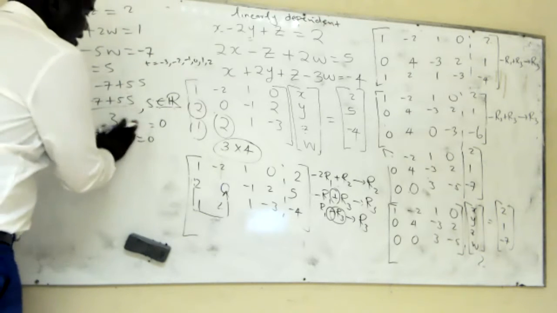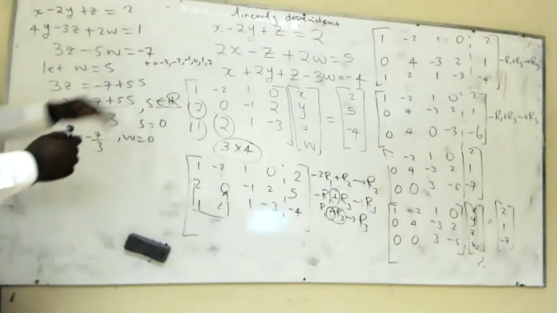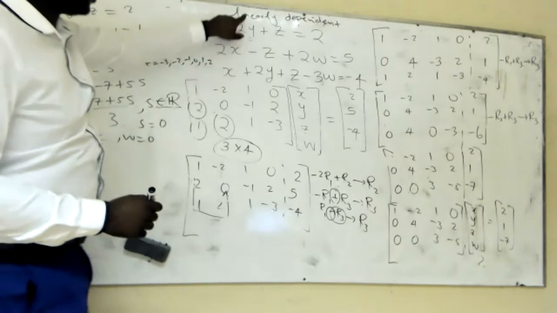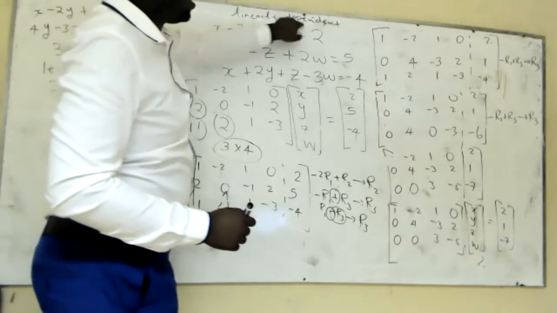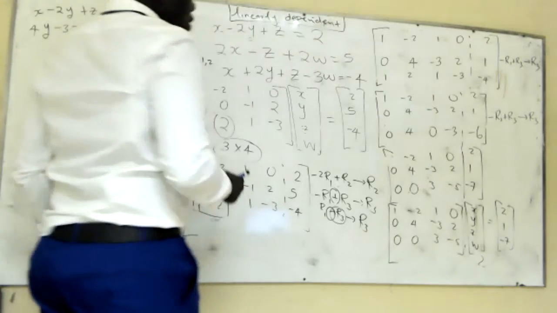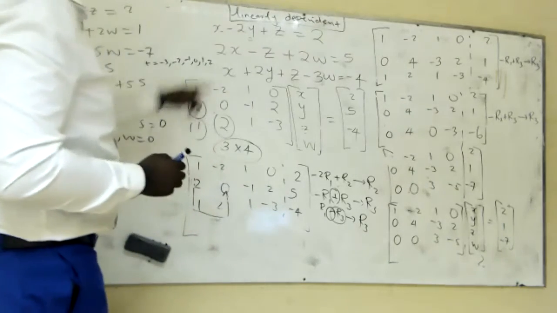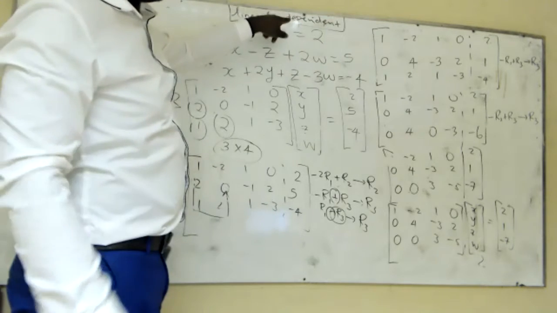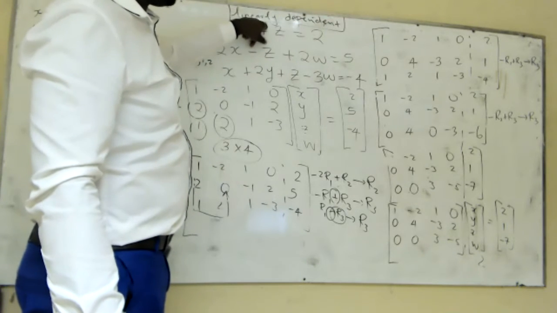Okay, yes, exactly. So already I clarified to you why we need to do this. It's because the equations we are dealing with are linearly dependent. I will cover this in detail. It's a very, very important aspect of this course, the linearly independent and linearly dependent. I will cover this aspect with you.